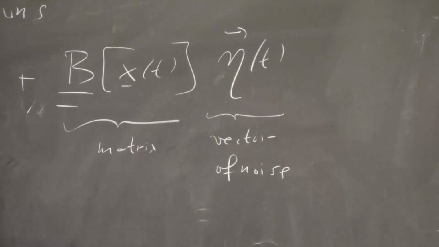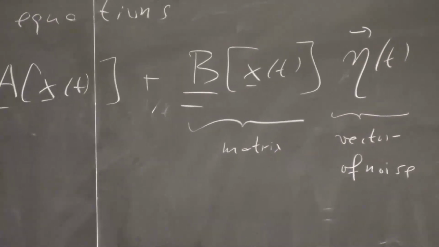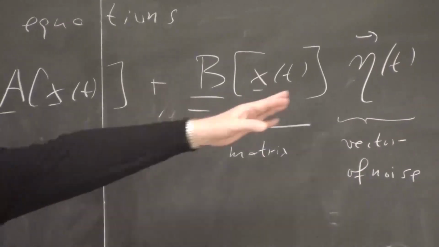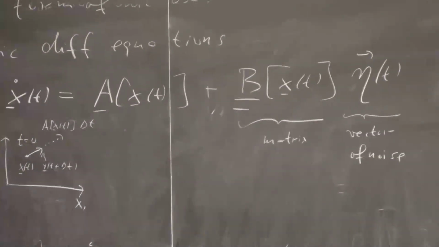So that is how it is. And so now we have, for example, a two-dimensional equation. We have two noise sources, one for the first component, one for the second component.